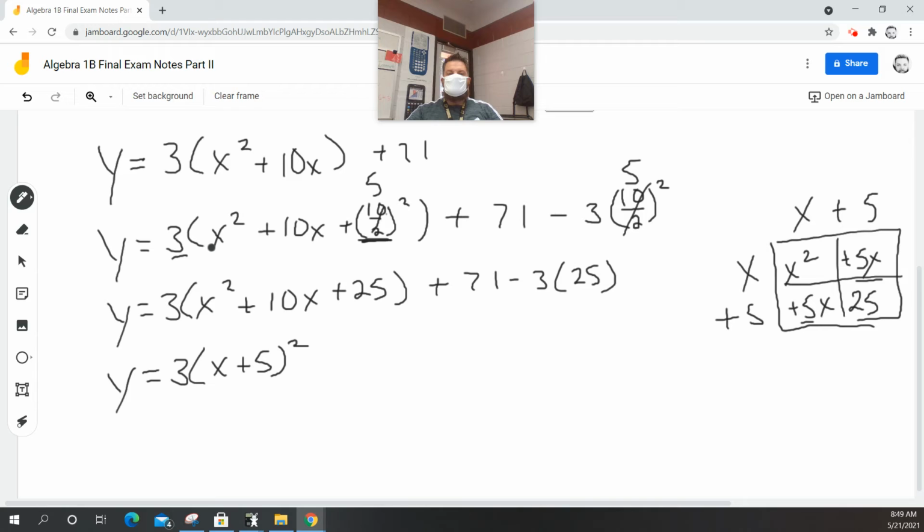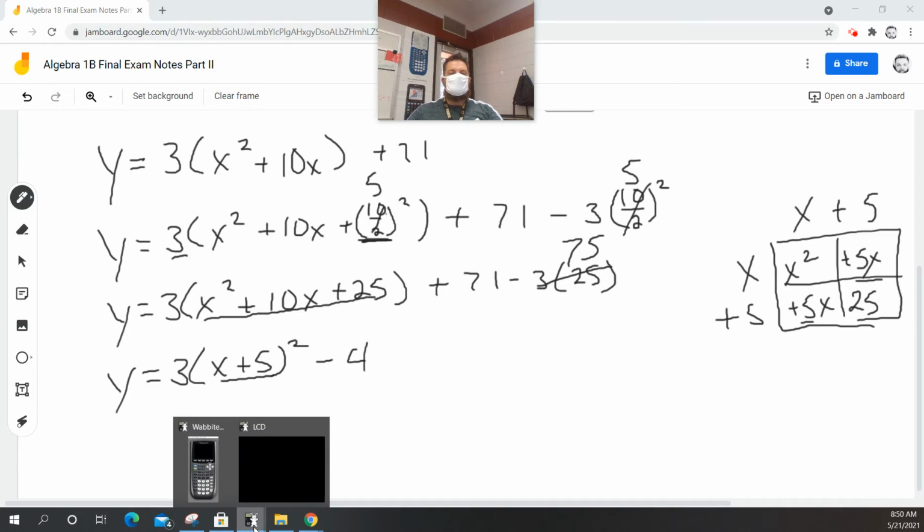So this is the same as this squared. And now what's 3 times 25? 75, right? So this whole thing is 75. What's 71 minus 75? Negative 4.